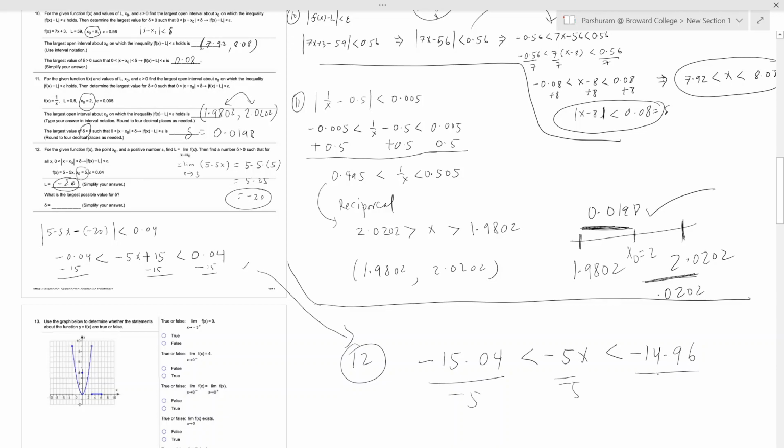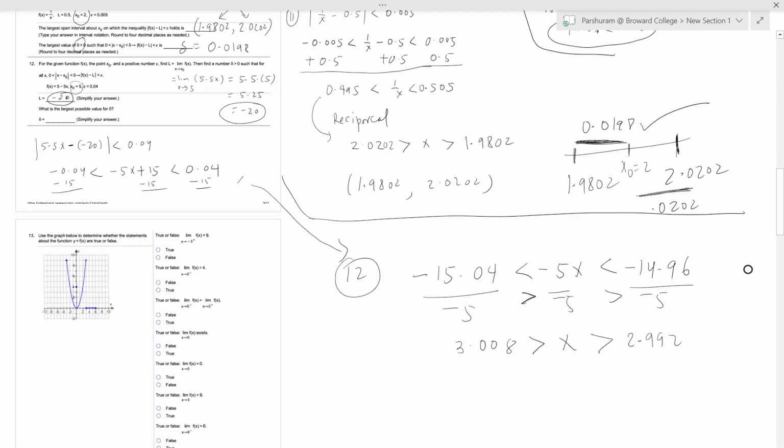But remember, when you divide by a negative number, the inequality sign reverses. So if I divide negative 15.04 by negative 5, it gives me 3.008 is greater than x is greater than, dividing 14.96 by negative 5 again, 2.992.